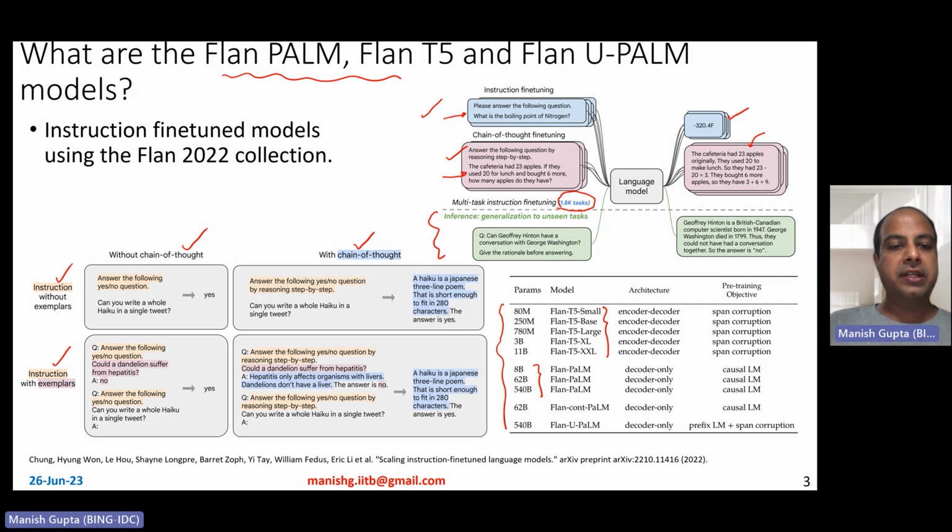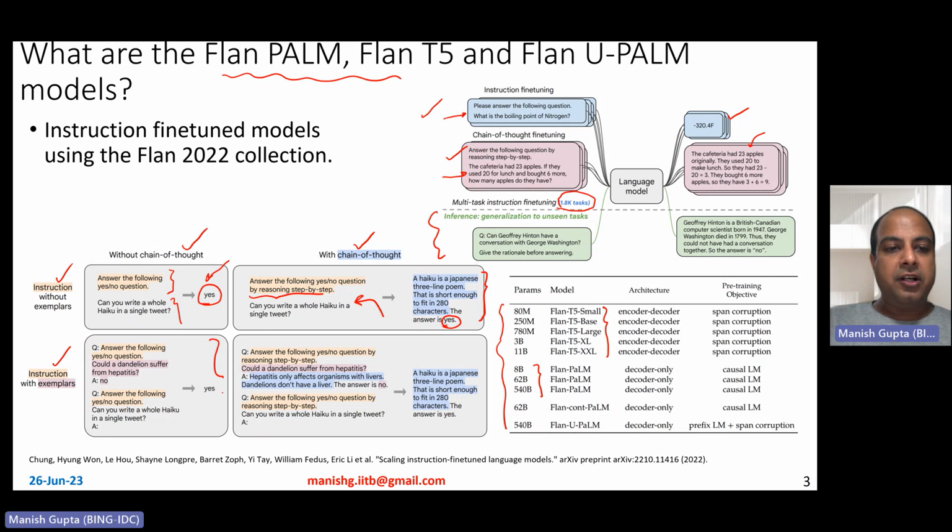Here is an example without any example. It's just the task instruction, and then you ask a question and you want an answer, right? On the other hand, this one also does not have any example, but it has chain of thought prompting: answer the question by reasoning step by step, and then you expect a detailed answer step by step, not just the final answer, but also a chain of thought in the answer.